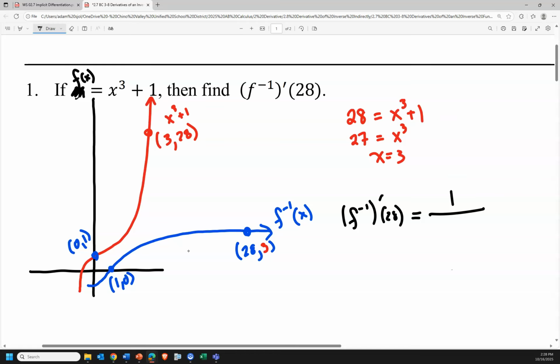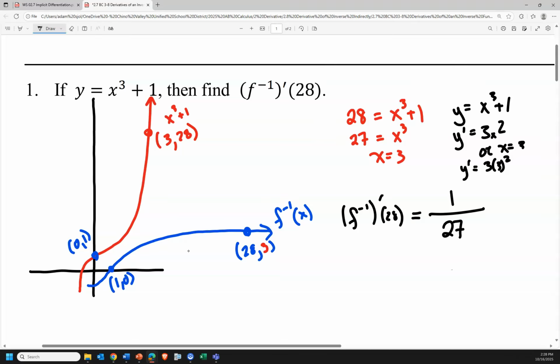So what we can do, let's go back and get rid of this f of x, is we can actually find the derivative. So y is equal to x cubed plus 1, and y prime is equal to 3x squared at x equals, what is it, 3. y prime is equal to 3 times 3 squared, or 27.